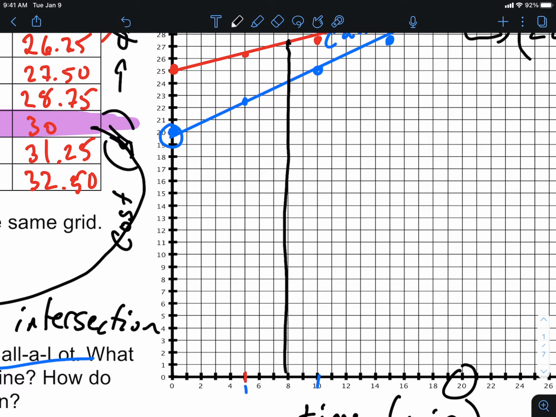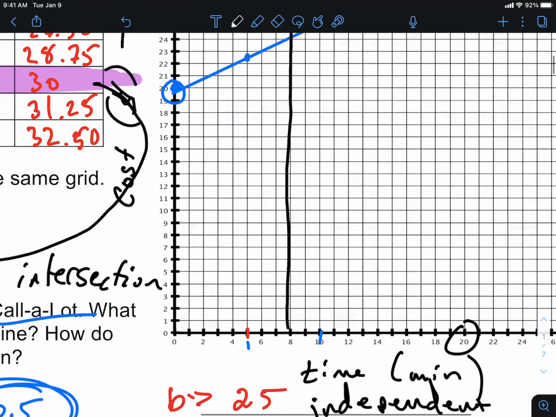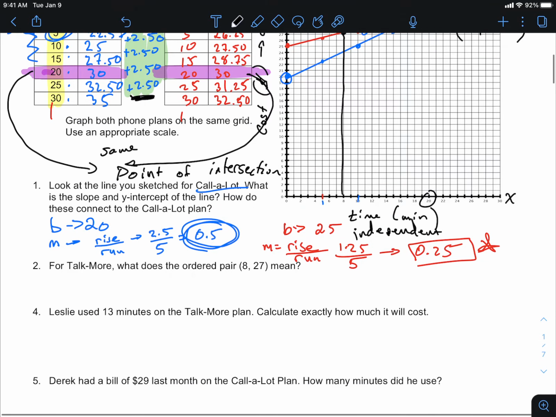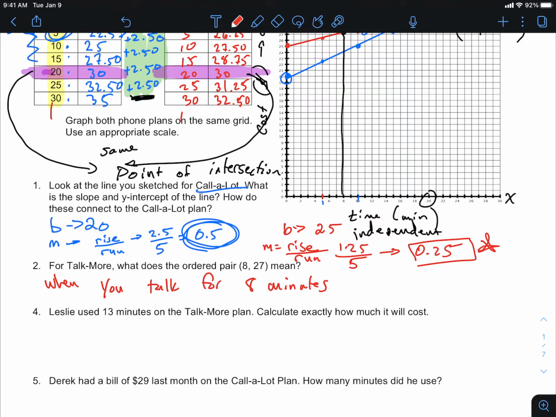See how it's not even really right on? 8 and 27 means, here I'll write it in red so it's all related, when you talk for 8 minutes, the cost is $27. That's what that point means, because you have T and C, cost. So for 8 minutes of talking, the cost is $27.